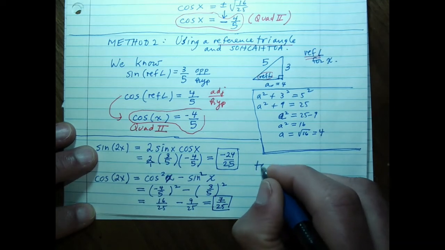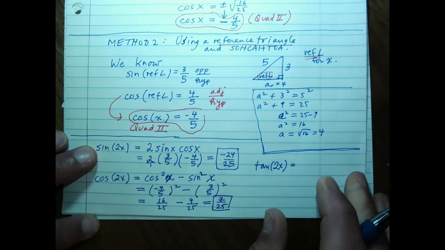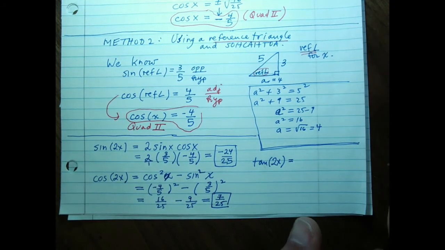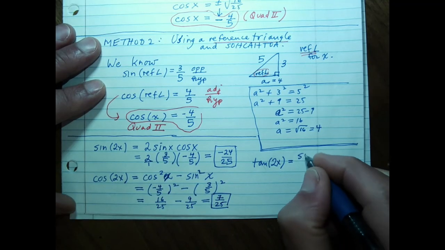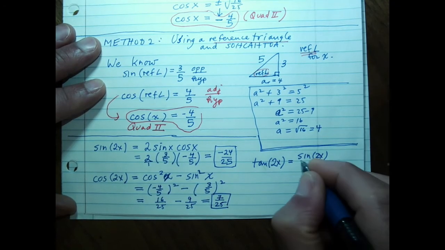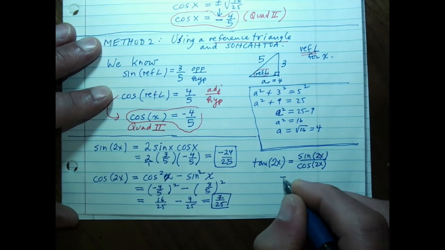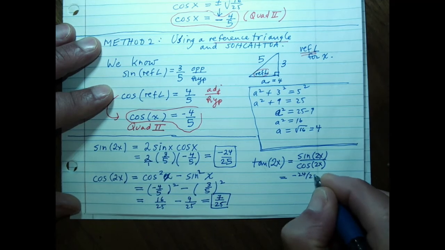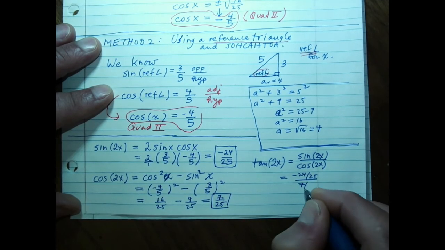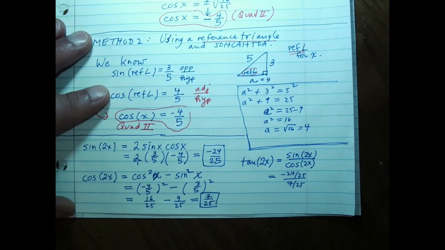We also want tangent 2 theta, or tangent 2x. And for most cases, when I want a tangent, I'm just going to use my values for sine and cosine. So I can just take my sine 2x over cosine 2x, and that's going to be negative 24/25 over 7/25. I have to carry out that fraction division.